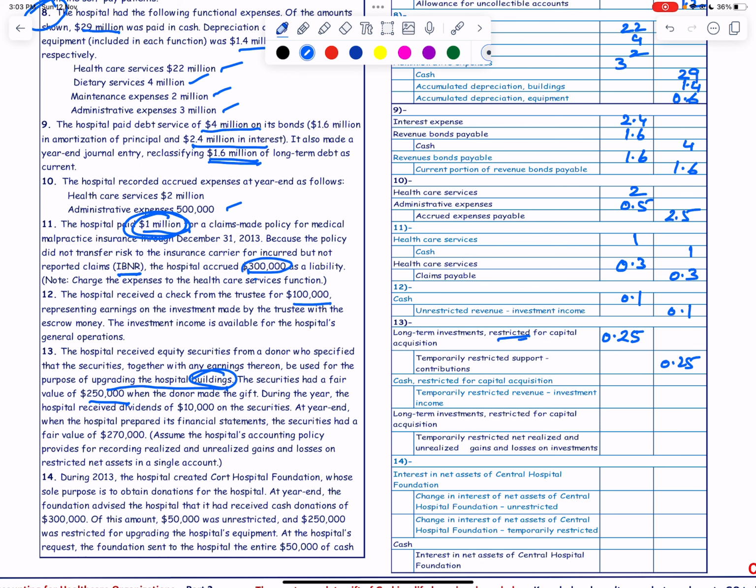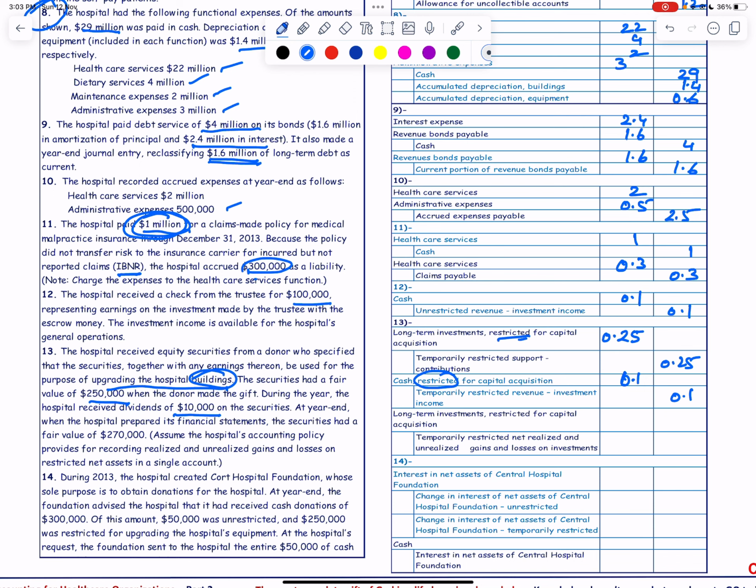Then during the year the hospital received a dividend of 10,000, so cash, and obviously this money can be used only for upgrading the building. So cash restricted for capital acquisition is debited by 10,000, and temporarily restricted revenue is credited by 10,000.